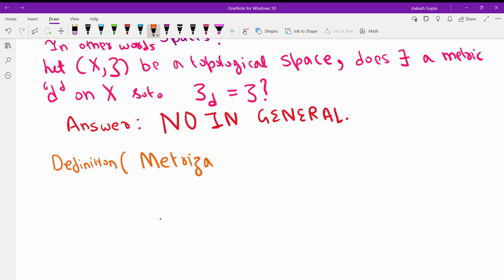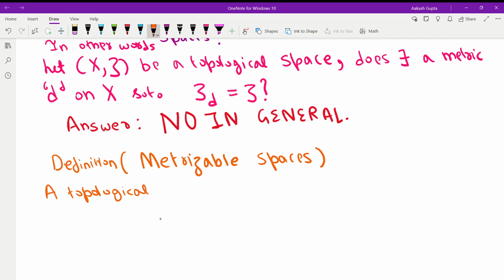So definition: metrizable. American or British English, Z or S, okay? So don't worry about it. Metrizable spaces. From now on, the space means topological space; whenever it is a metric space, it will be specified.